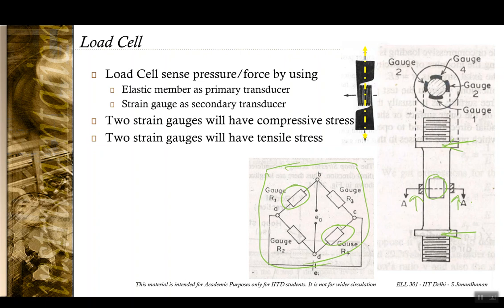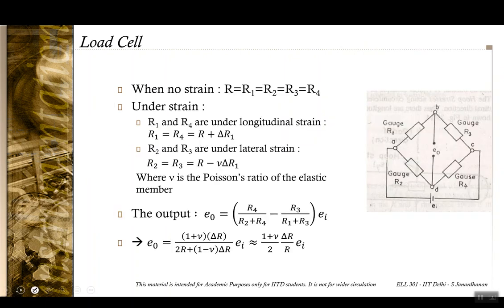What is happening is that when there is no strain, if we assume that all four resistors are equal, then when there is strain, because R1 and R4 are mounted along the longitudinal side, their resistance will increase by a factor of epsilon, the strain.